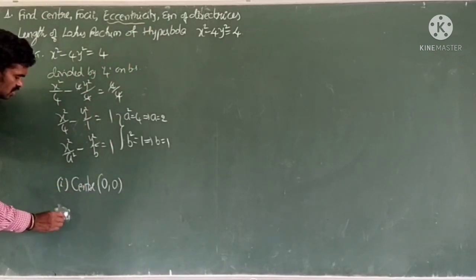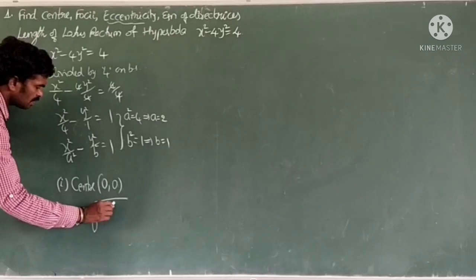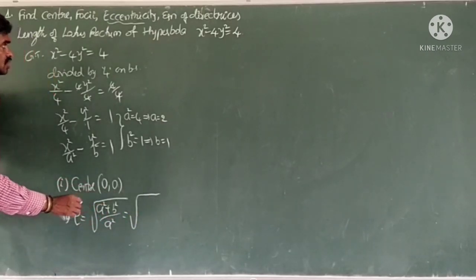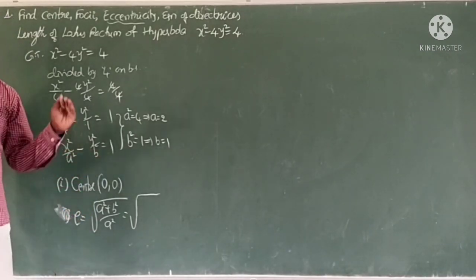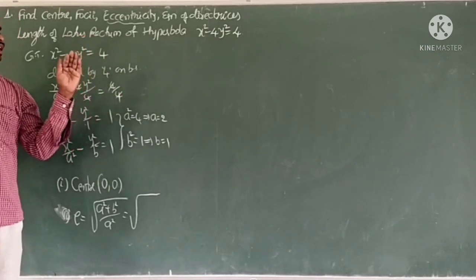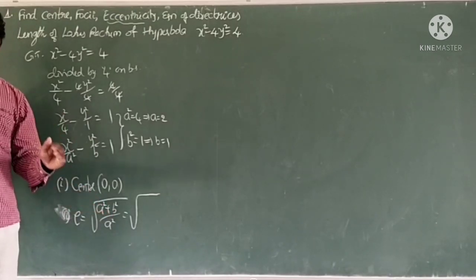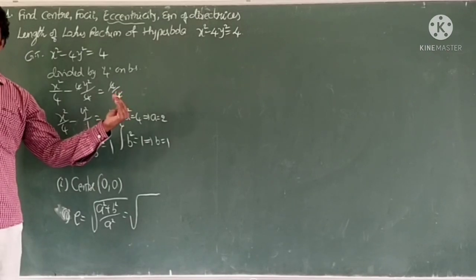First, eccentricity. The formula is root over a square plus b square by a square. I told you in the hyperbola the eccentricity is greater than 1, that means above 1, so it must be positive. In the ellipse the eccentricity is less than 1.